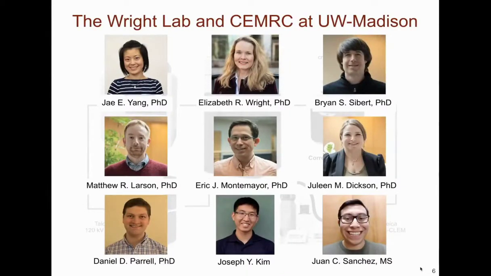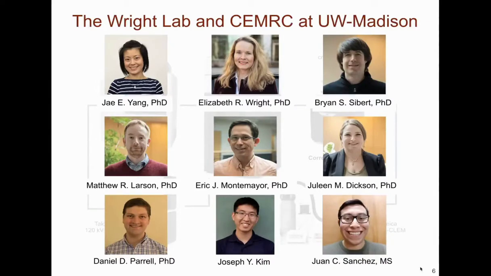The Wright lab moved to UW-Madison in 2018 to begin our next phase of work in cryo-EM structural studies of host pathogen systems. Simultaneously, we set out to build a cryo-EM research center at UW-Madison in the Department of Biochemistry to support the research endeavors of investigators across the UW campus, regionally, nationally, and internationally.